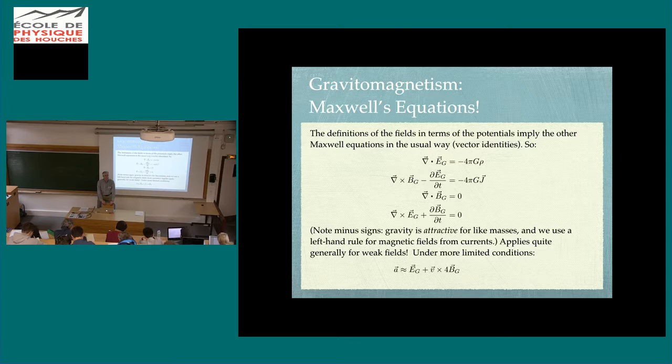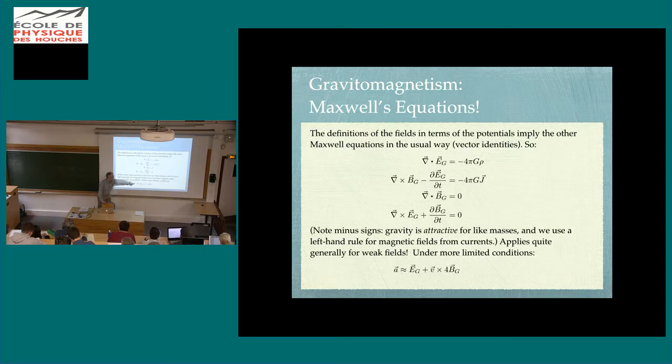Of course, this is all useless because I'm just defining fields. I can define fields any way I like. This is all useless unless you have something like this, which says that this is the way you interpret the physics of the fields. They're causing accelerations with respect to your coordinate system that are like the Lorentz force law.